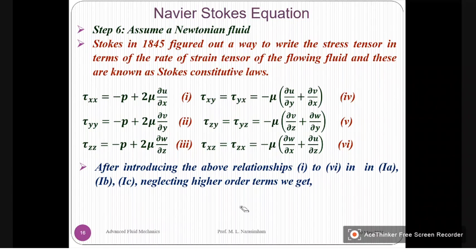So these are the expressions: tau xx, tau yy, tau zz, tau xy, which is also equal to tau yx, tau zy, which is equal to tau yz, and tau xz, which is equal to tau zx. Tau xy is equal to like this.